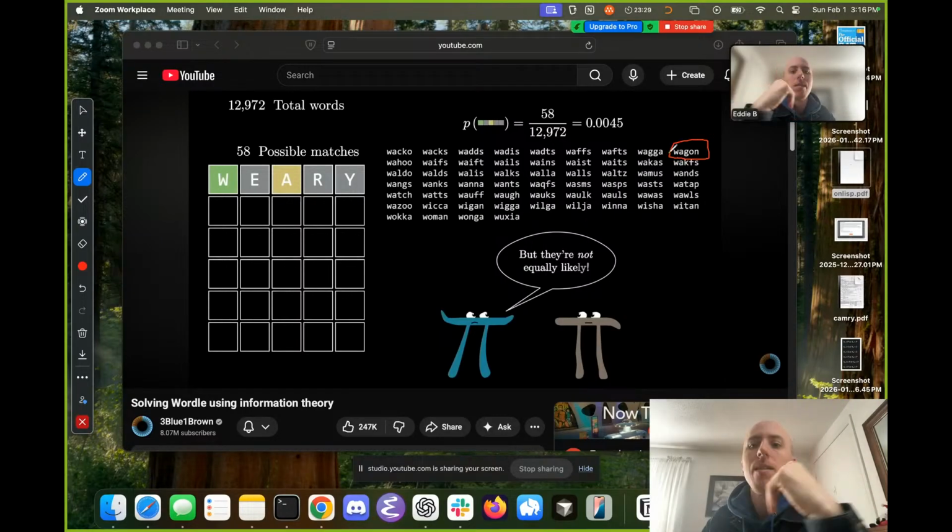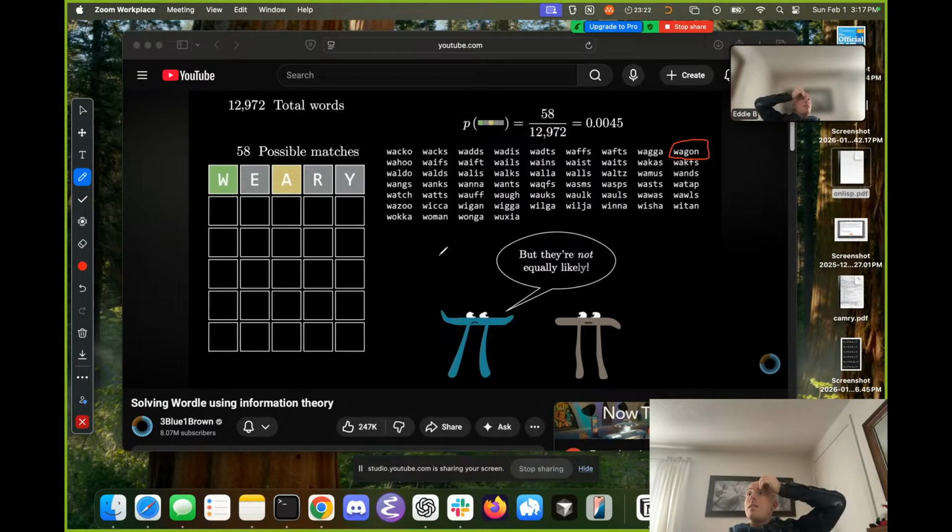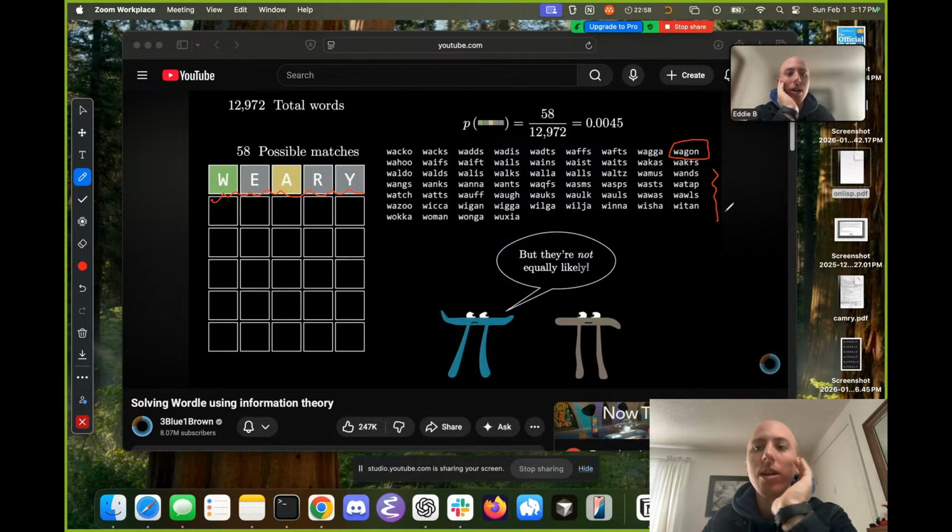I guess, in terms of guessing words that have common letters, all these words are equally likely. I mean, they're going to pretty much have the distribution of the most common letters in words. So it's more likely that it has common letters.